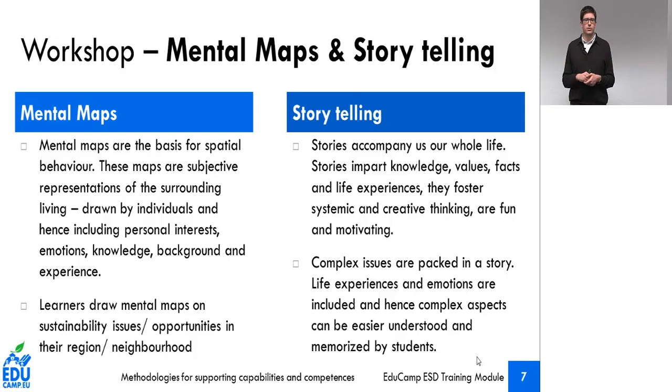Learners draw those mental maps on sustainability issues, opportunities in their regions or neighborhoods, for example. So we get to know what pictures different people have in their minds when thinking about the Nile River, for example. Some see the Nile River as the source for life and might draw lots of green fields, animals and people beside it.